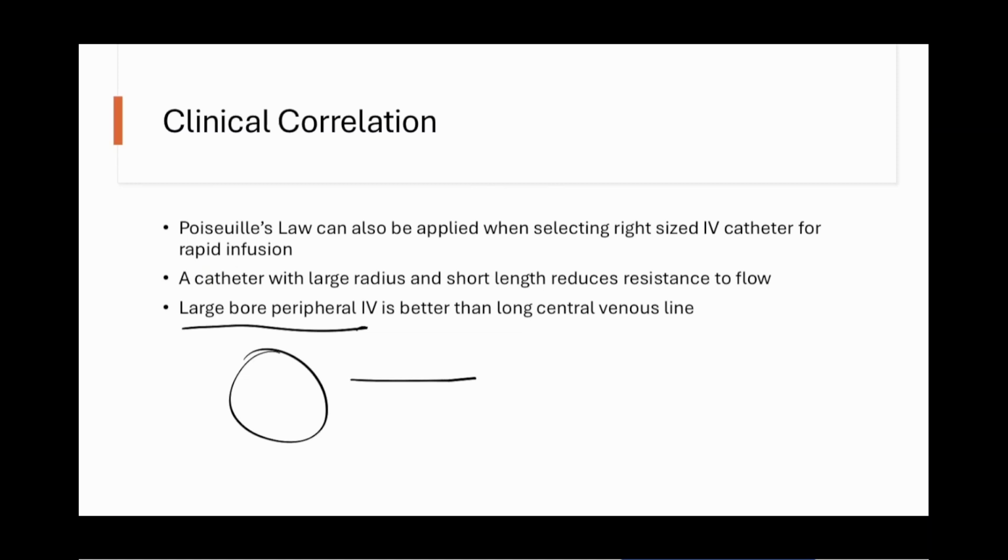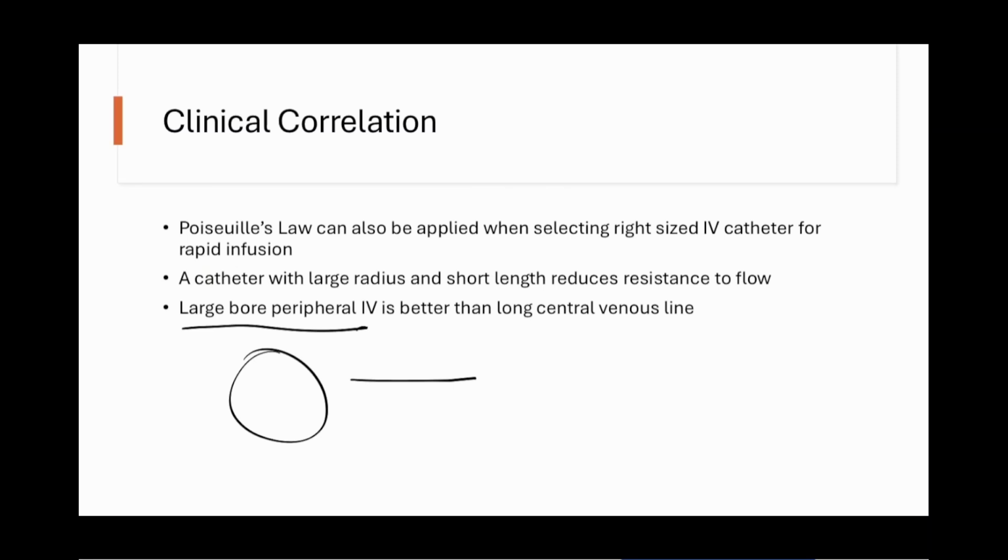So we have a short length, large bore. Flow can go very easily through this. So if you want to replace fluids in someone, use a peripheral line. It'll flow faster. Short length of the IV, large bore for the radius. Both of those things promote flow and decrease resistance.